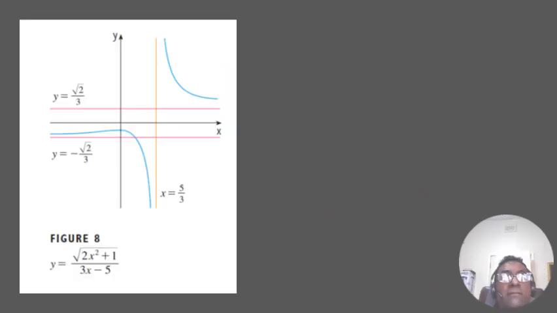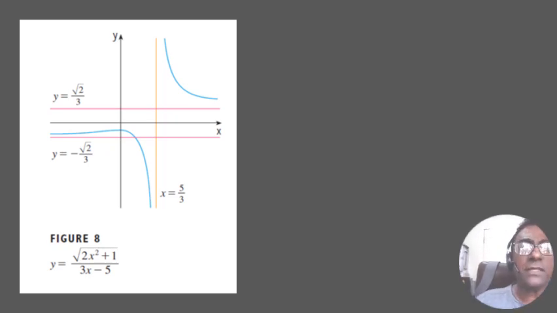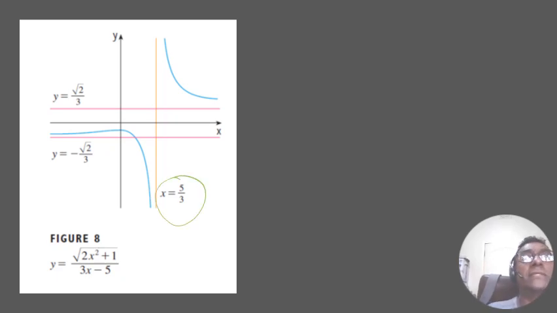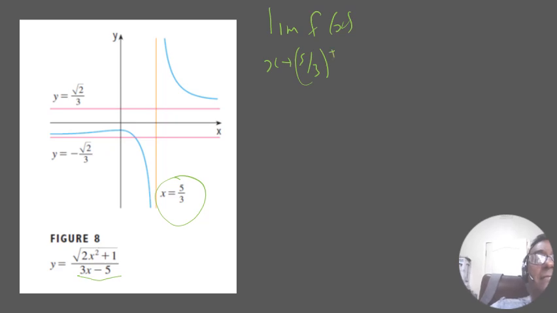So here's the function itself. Take a look at this. Firstly, a couple of things to note. The vertical asymptote, as we pointed out, is at x equals 5 over 3. We can easily see the denominator blows up at x equals 5 over 3. It turns out that the limit of f of x as x approaches 5 over 3 from the right is positive infinity.